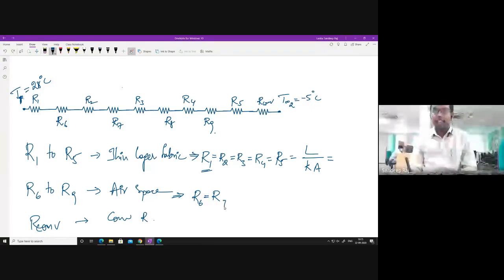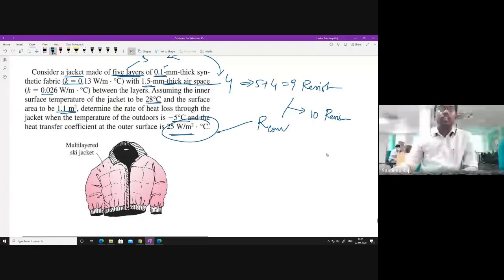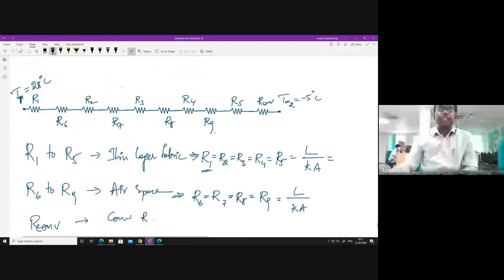R6, R7, R8, R9, this is also L by Ka. The L value for the jacket fabric is given as 0.1 mm, so it is 0.1 into 10 to the power of minus 3 converted into meters.